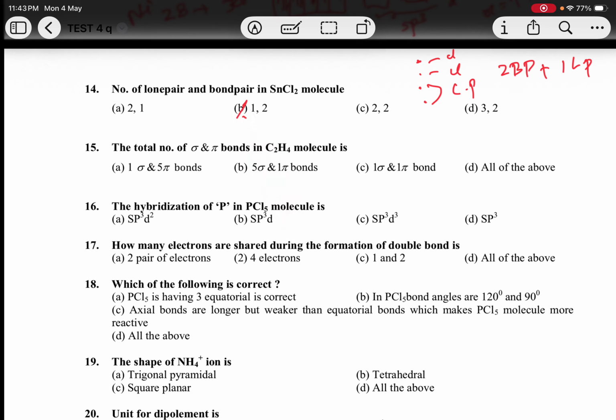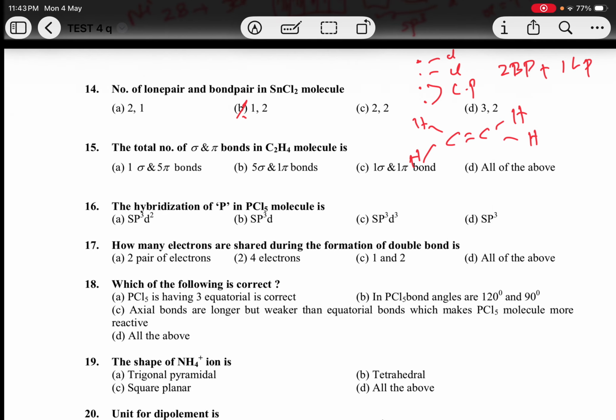Next, 15th question. The total number of sigma and pi bonds in C2H4 molecule. C2H4 means general formula CnH2n, which means alkene. 2 carbons means ethene. So the structure of ethylene, or IUPAC name ethene.